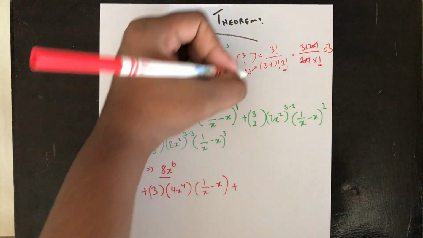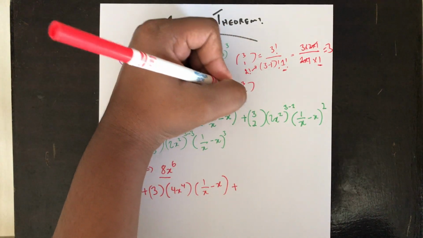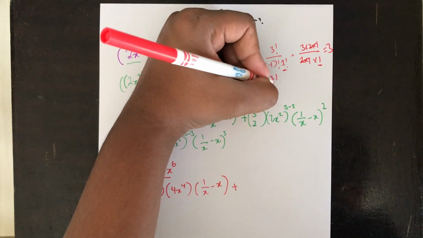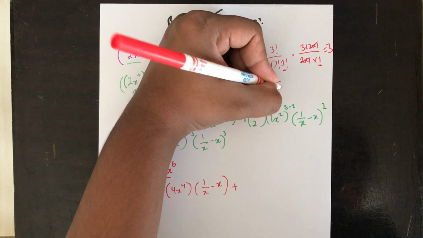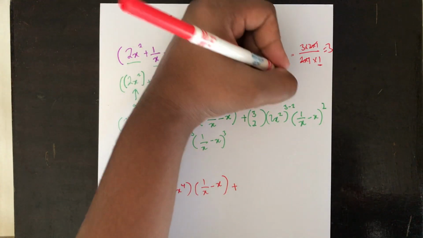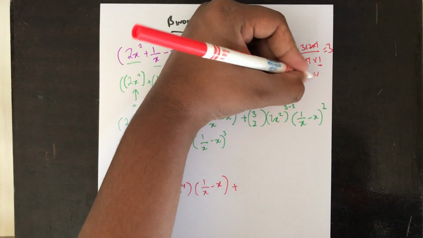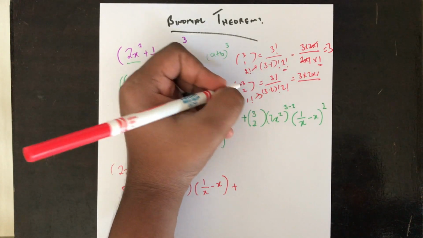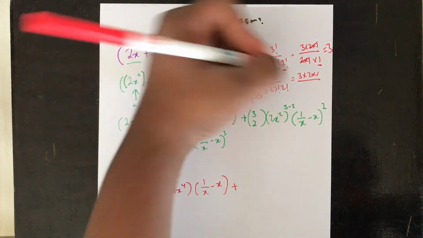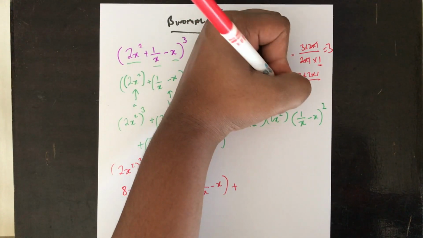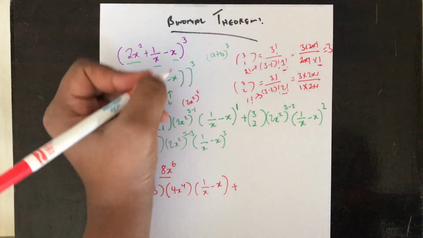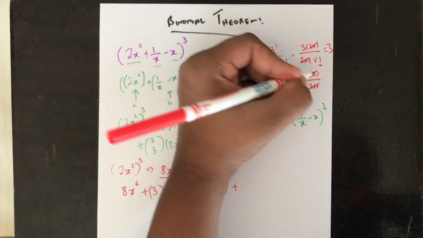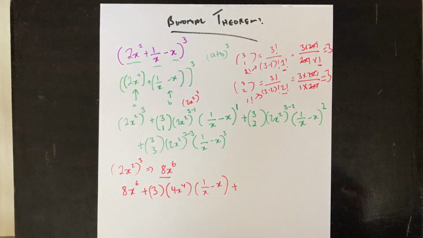Plus 3 choose 2. What's that? That's going to be 3 factorial over (3 − 2) factorial into 2 factorial. So that's 3 times 2 times 1 over 1 factorial, which is just 1, so 1 times 2 factorial, 2 times 1. I'll cancel this out and I still get my answer as 3.